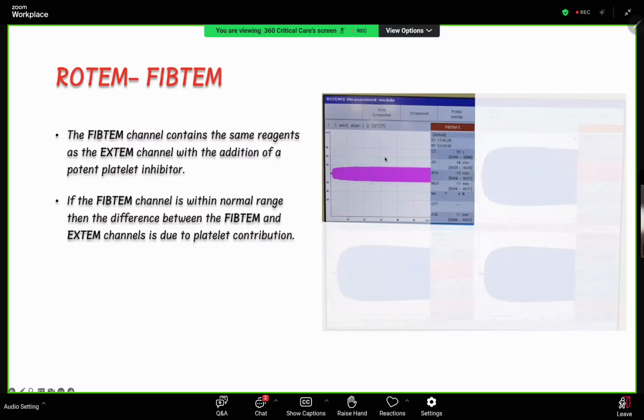So if the patient has a normal fibrinogen and an abnormal platelet, then your ExTem channel will be abnormal. If the patient has normal platelet but abnormal fibrinogen, then both ExTem and FibTem channels will be abnormal, because this channel looks at only fibrinogen and this channel looks at both fibrinogen and platelet. All right.